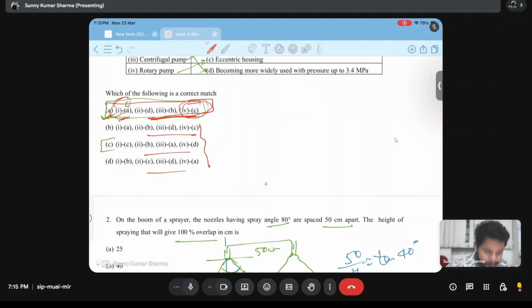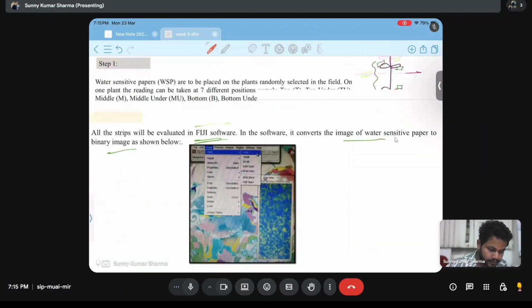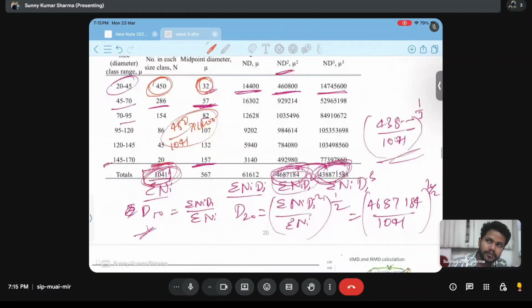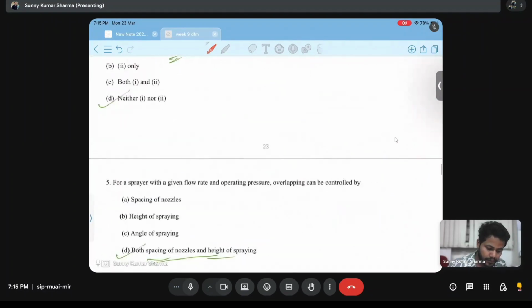Last week's assignment also, sir, the less than 50 degree was marked incorrect for low volume application. I saw that. I have also complained. You people will get bonus marks in that question.